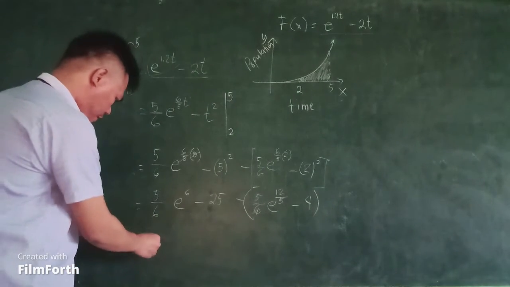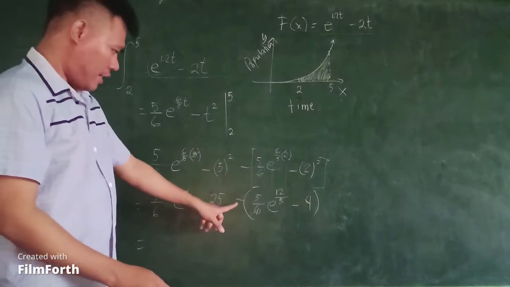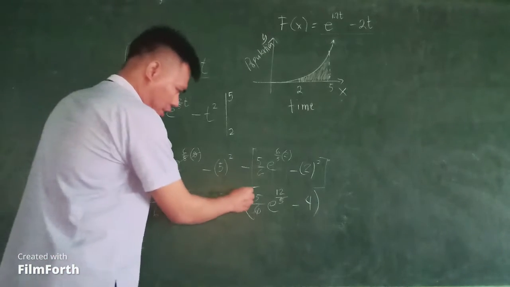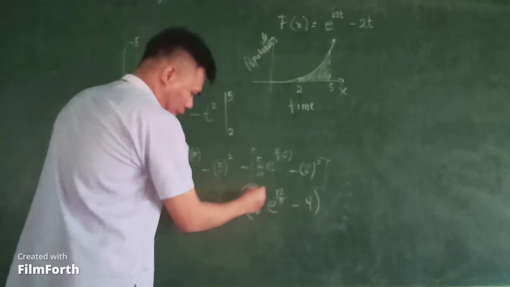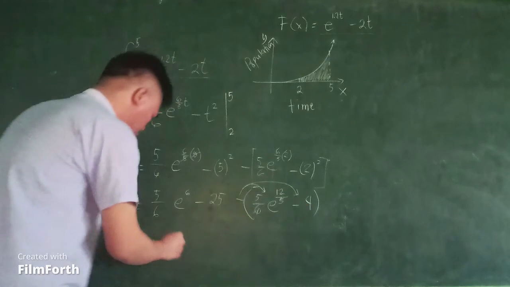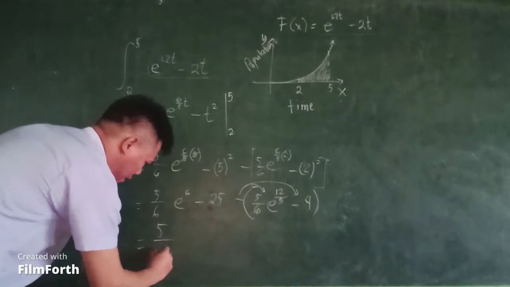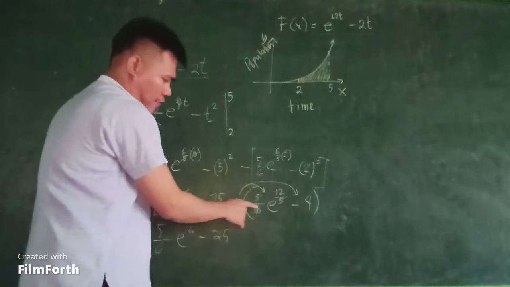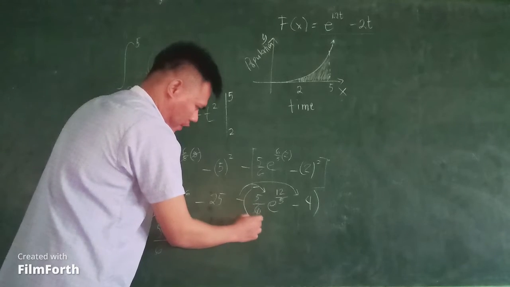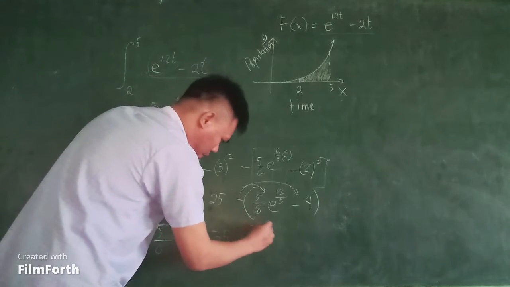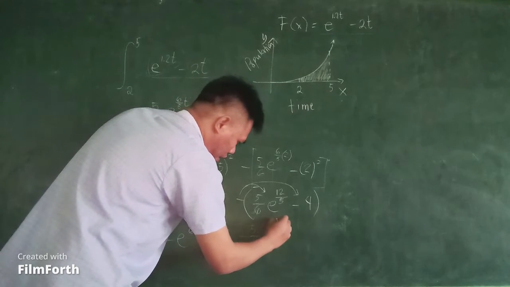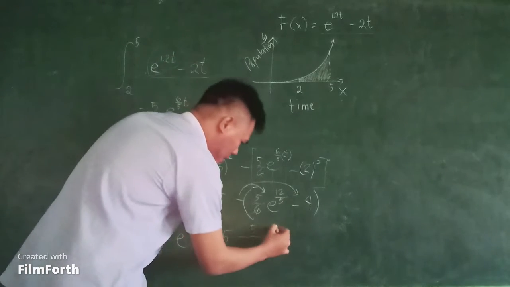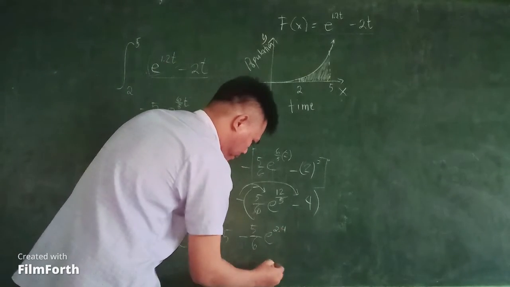Since we still have a parenthesis here, let's distribute the negative to each term. Just copy this, minus 25, then negative times 5 over 6 is negative 5 over 6 e, then 12 over 5, or 12 divided by 5, is 2.4.